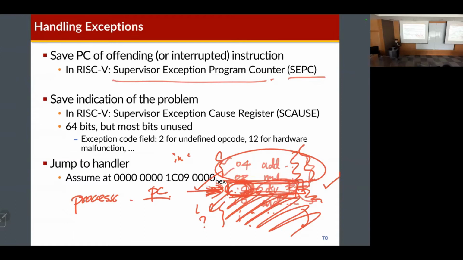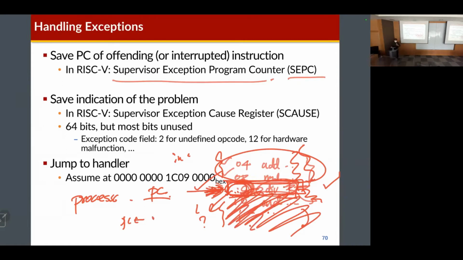How about this instruction? The exception is detected for this instruction, and the processor needs to cancel its execution, and then the exception handler should be called by the processor. Okay? The program counter is changed to the program counter of the exception handler.